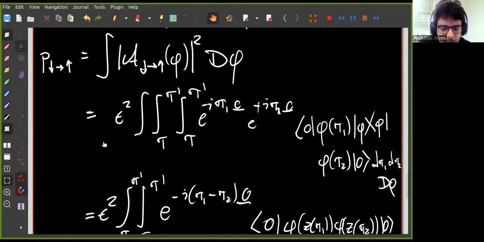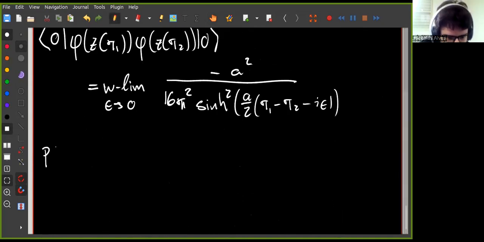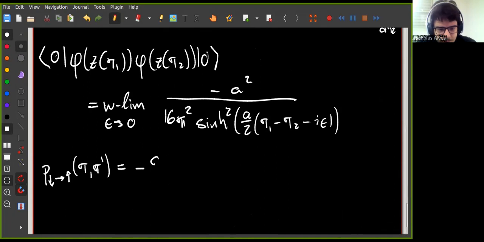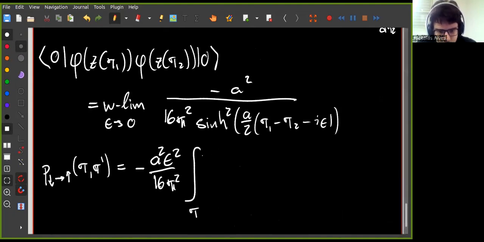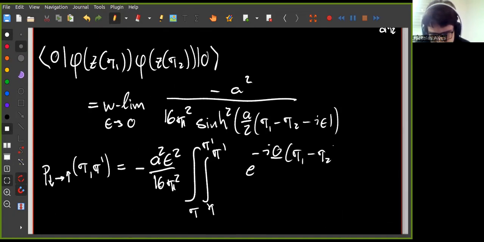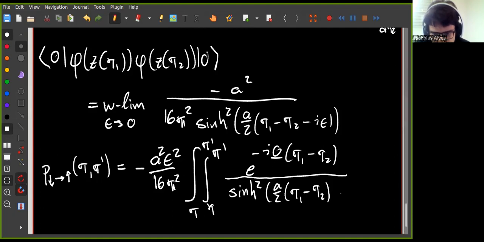Therefore, the probability we are computing between times tau and tau prime equals minus a squared epsilon squared over 16 pi squared integral tau to tau prime integral tau to tau prime of e to the minus I omega tau 1 minus tau 2 over sinh squared a over 2 tau 1 minus tau 2 minus I epsilon d tau 1 d tau 2.